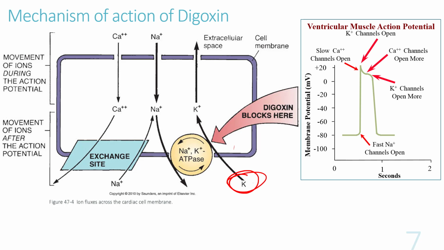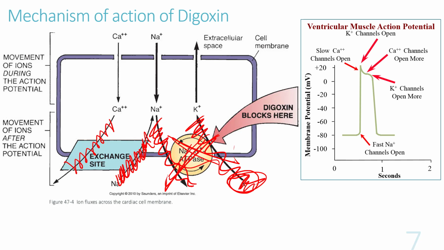Potassium doesn't enter the cell, and sodium doesn't exit the cell. When sodium does not exit the cell, you don't have the sodium-calcium exchange happening, and so calcium stays inside the cell, and calcium levels increase.